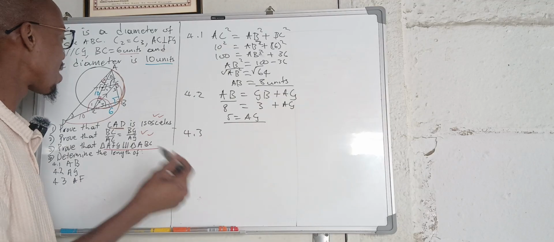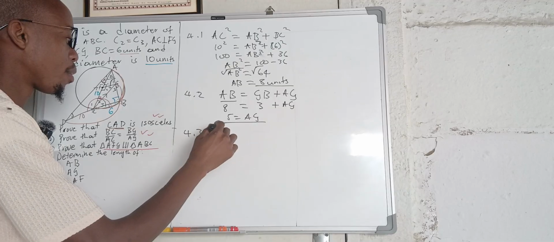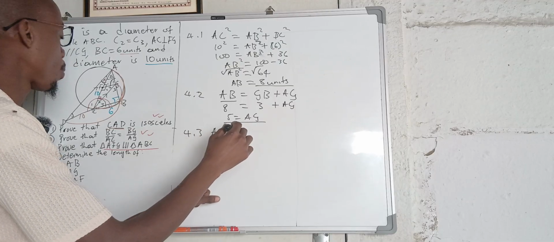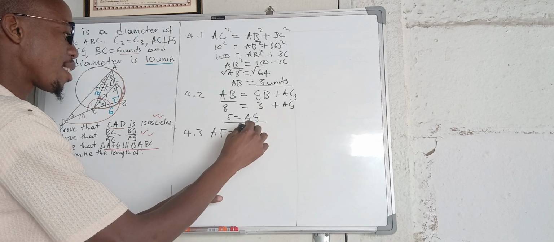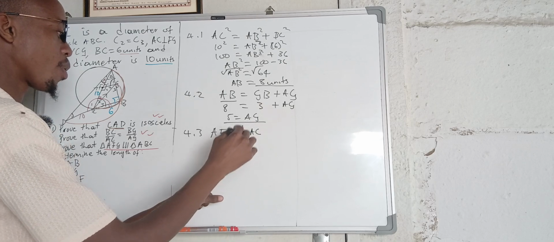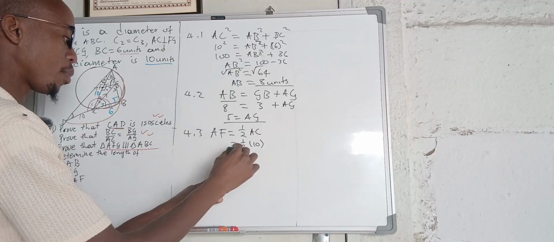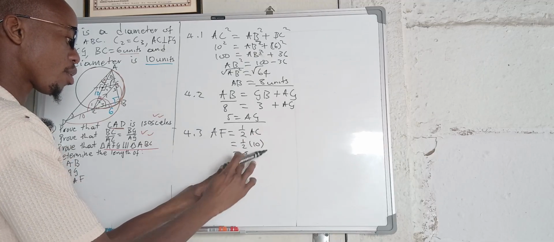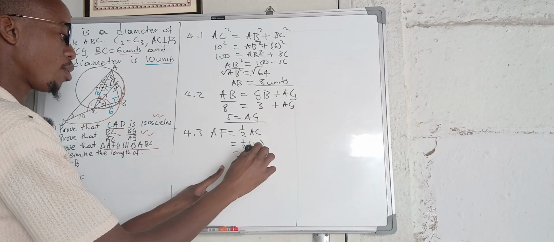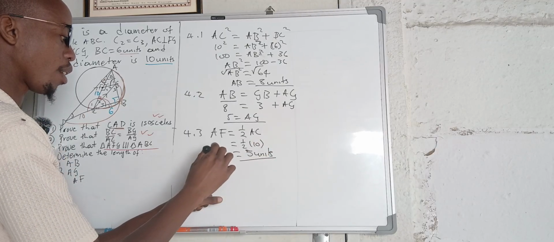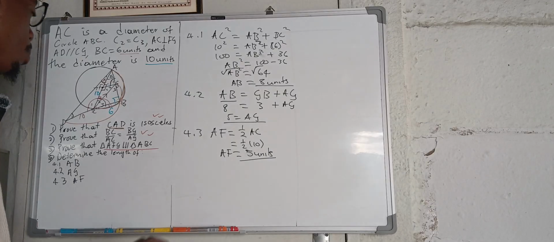So we will be having AF equal to 1 over 2 of AC. Because AC is a diameter, we'll be saying 1 over 2 of 10, which is going to give us 5 units. 5 units for AF. And that was that for this question. It is a beautiful question.